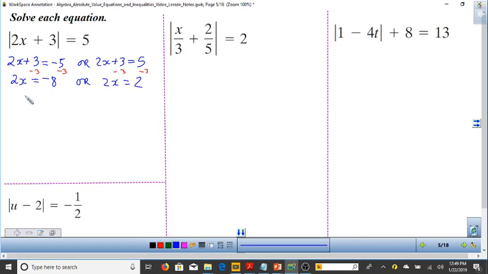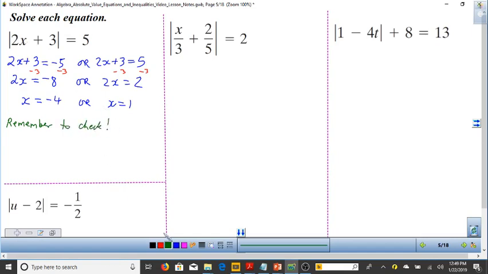And then we divide both sides by 2, so x is either equal to -4 or x is equal to 1. And of course, you can check. So please remember to check.